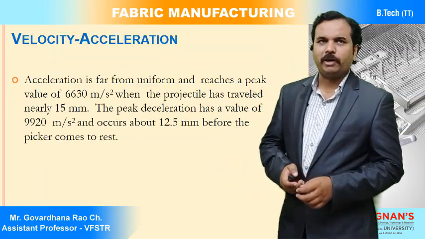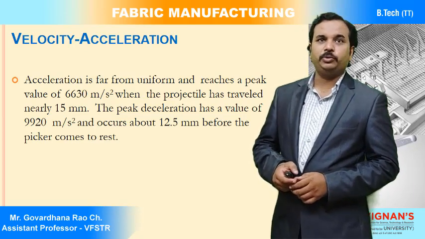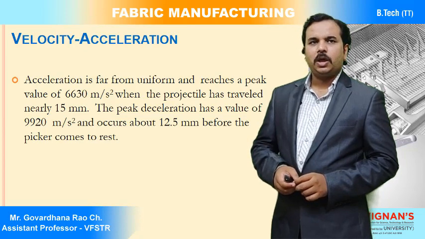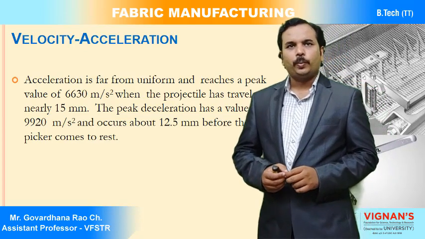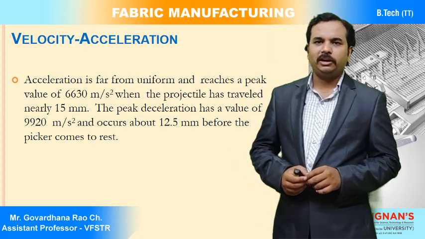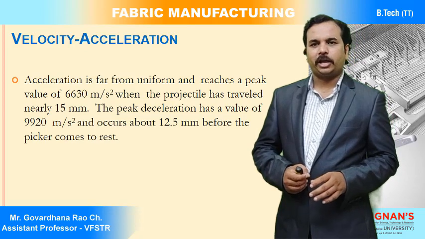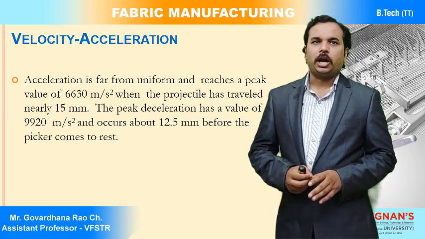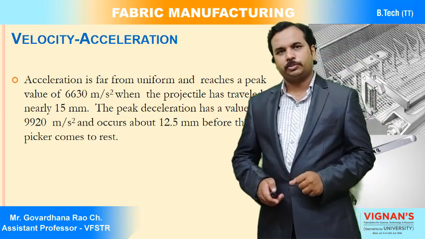If you consider the velocity and acceleration, the acceleration is far from uniform and reaches a peak of 6630 meters per square second when the projectile has traveled nearly 15 mm. The peak deceleration has a value of 9920 meters per square second and occurs about 12.5 mm before the picker comes to the rest position.